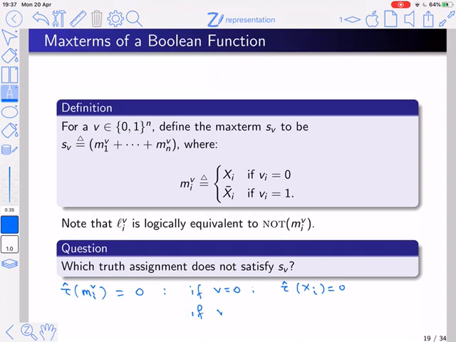And if Vi is 1, then tau hat of not Xi has to be 0. Namely, tau hat of Xi has to be 1. So you see, if I have a 0 here, the truth value of Xi has to be 0. If I have a 1 here, the truth value of Xi has to be 1. Means that the only truth assignment that does not satisfy S of V is the truth assignment tau of V, the truth assignment that corresponds to V.